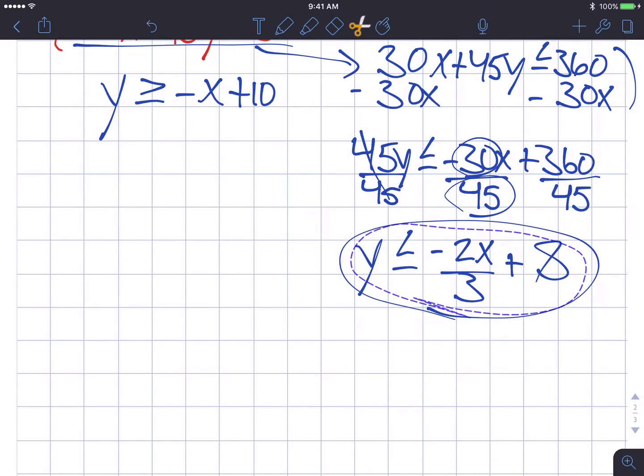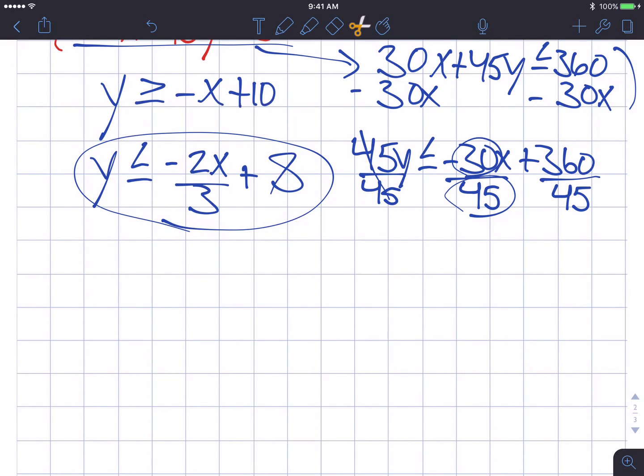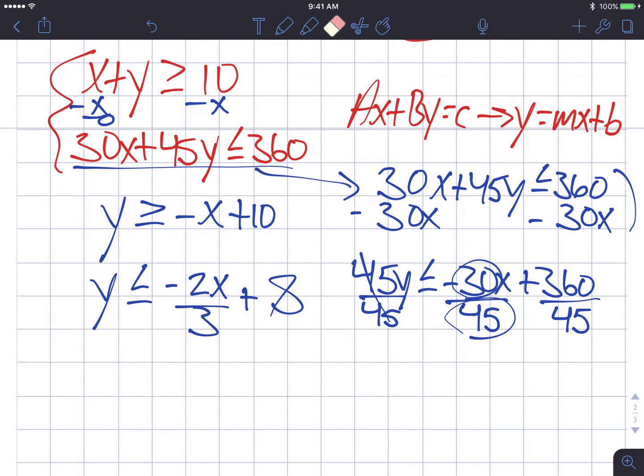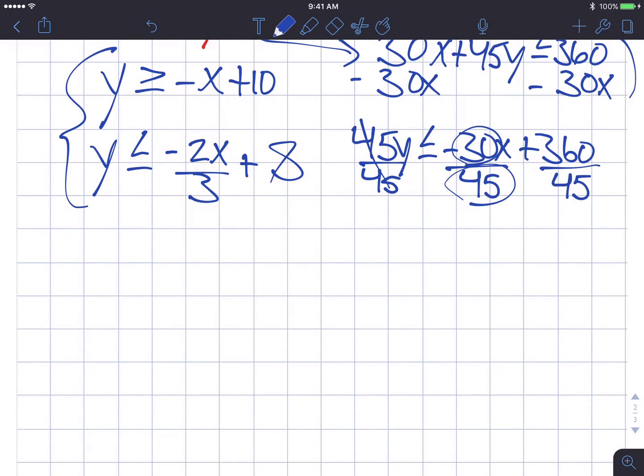So this is our system that we can graph now. Okay, we haven't even graphed it yet. So let's graph right now.